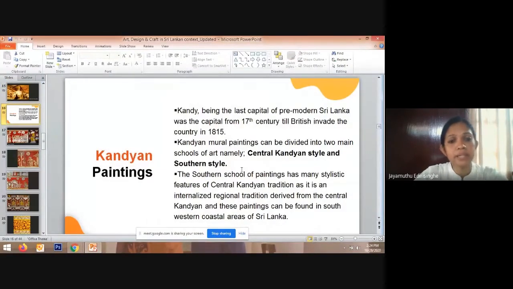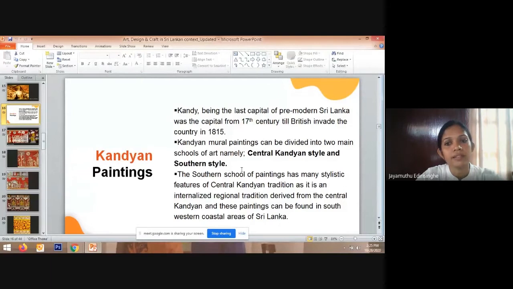Yes, the Kandyan period is very prominent in Sri Lankan art history, as I mentioned before. Kandy was the capital of Sri Lanka from the 17th century until the British invaded in 1815.